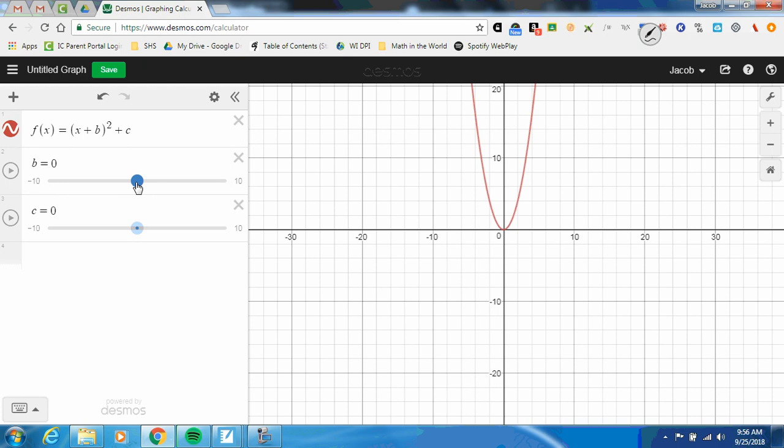Who says it's going to shift to the right? Who says it's going to shift to the left? Who says it's going to move up? Down? All right. So everybody says it's going to shift to the right. When I increase this to 1, it goes to the left. Whoa! What is this?